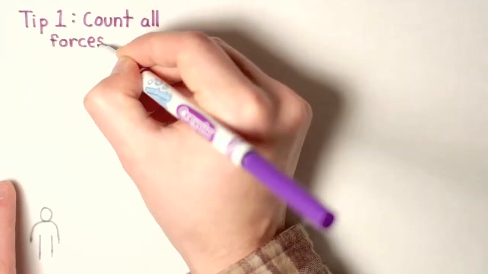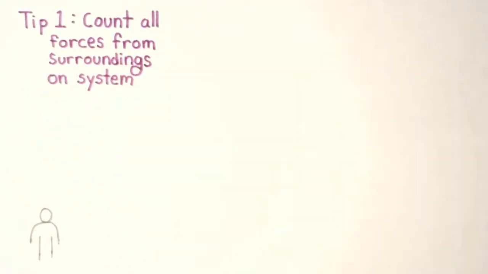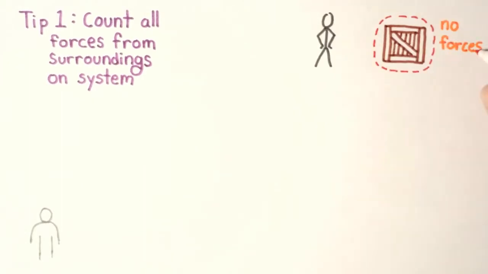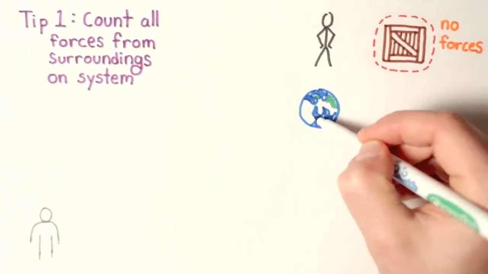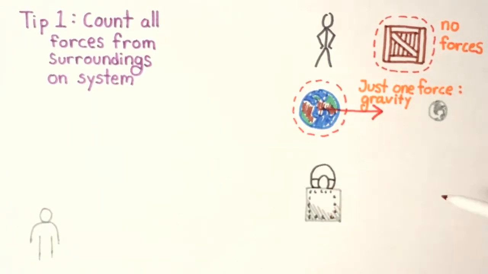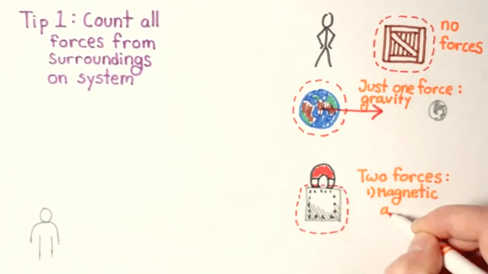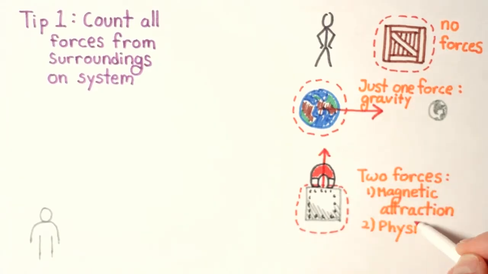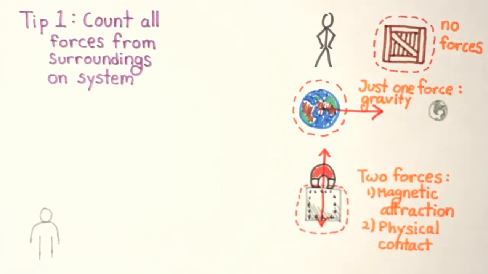Here are a few tips to keep in mind. Depending on the situation, there can be items in the surroundings that exert no force, other items that exert only one force, and still others that exert more than one force at the same time on our system. If we're adding individual forces to get the net force on our system, we have to make sure we include all important forces from the surroundings acting on our system.